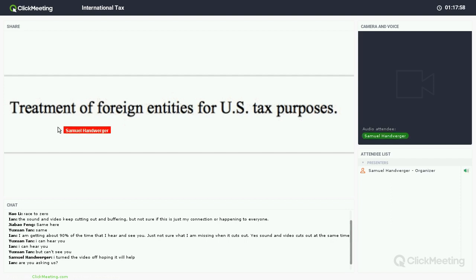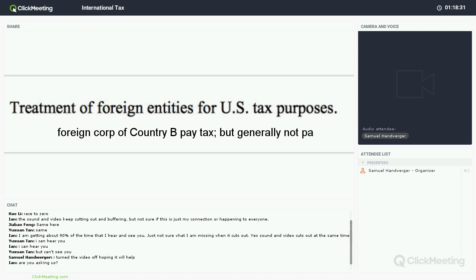So how does this work? Again, I'm going to repeat what I just said. What it means is that if the U.S. business is doing its business in a foreign jurisdiction by having set up a foreign corporation there, that foreign corporation will be a resident of country B, pay tax there, but generally not pay U.S. tax until, and this is the principle I want to drive home, until dividends are paid to the U.S. shareholder.